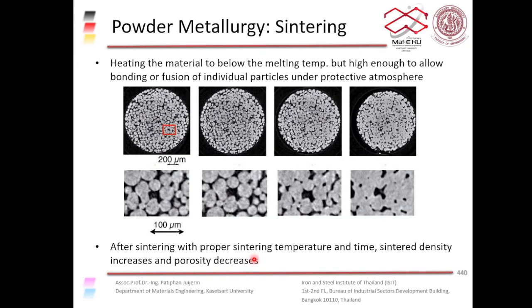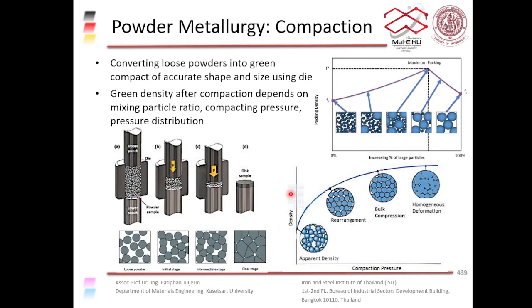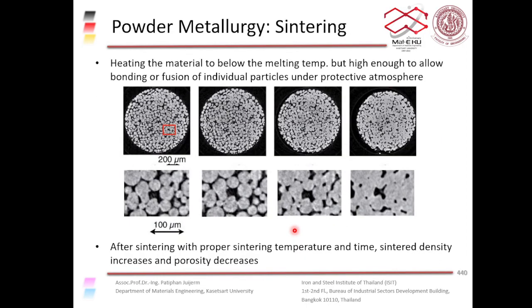Another way to increase the strength: remember I told you that after compaction, it has enough strength to hold the shape, but doesn't have enough strength to withstand any external load, right? The next step will give it the strength to withstand external loading.